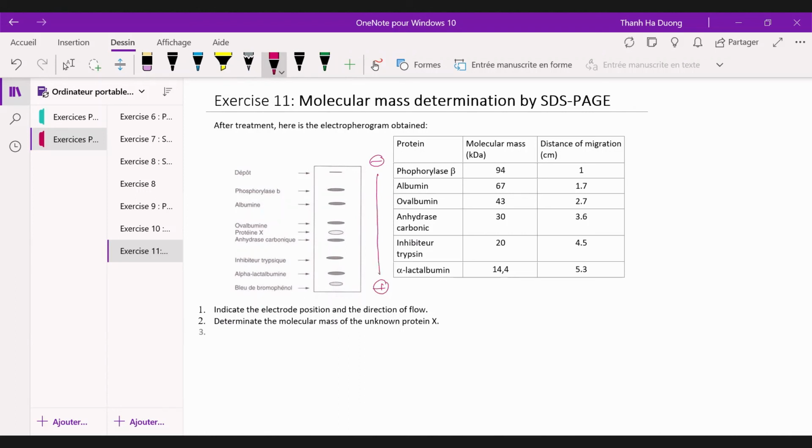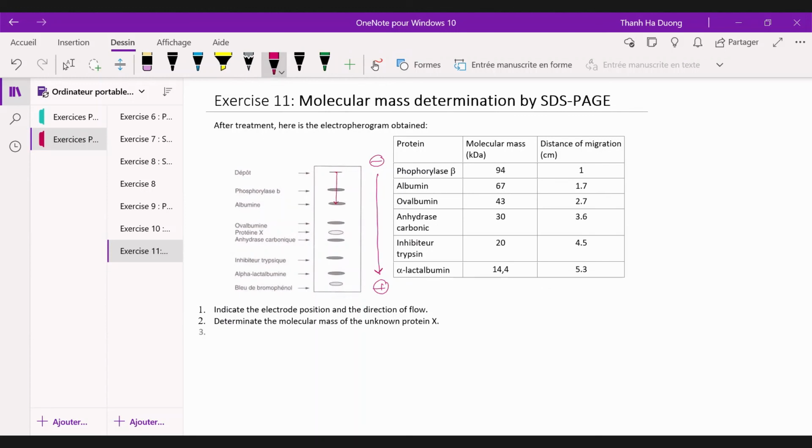The direction of the flow is from the negative to the positive electrode. Here you put your mixture of proteins, and you can measure the distance of migration, which is the distance between where you put your mixture and where it arrives at the end.